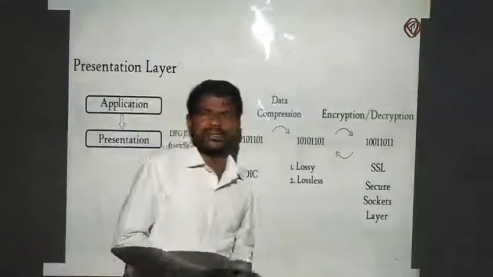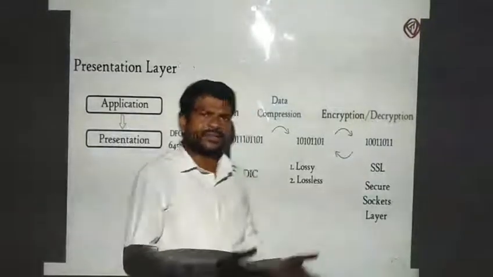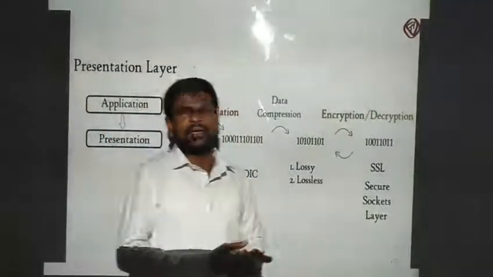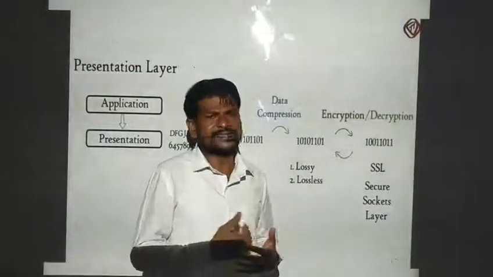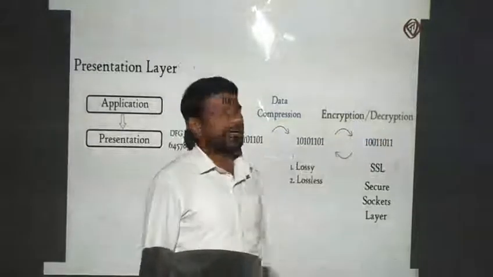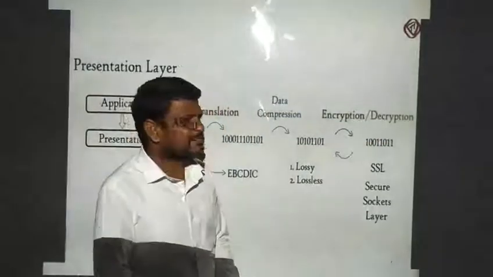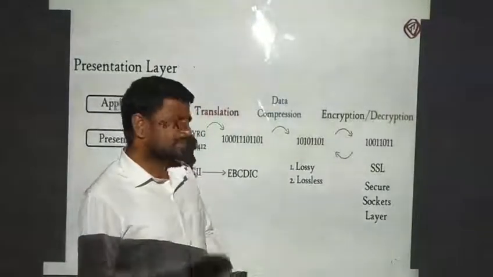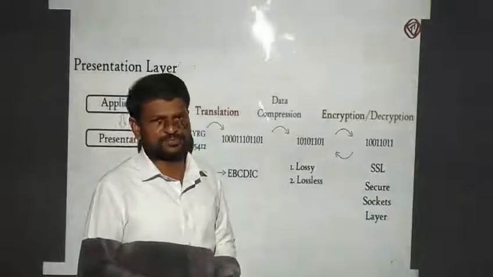Data compression is of 2 types. What are they? Lossy and lossless. Because of data compression, the file can be transmitted very speedily to the destination. And the last one is encryption and decryption. We already learned what encryption is and what decryption is. Encryption means the data which is being sent will be secured.